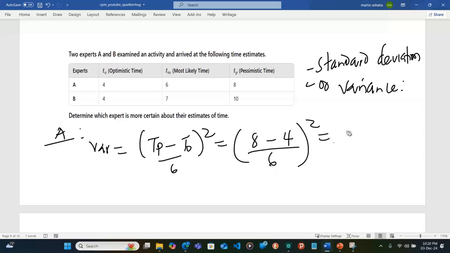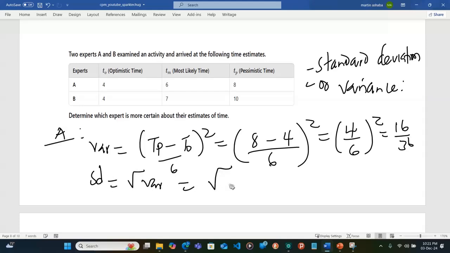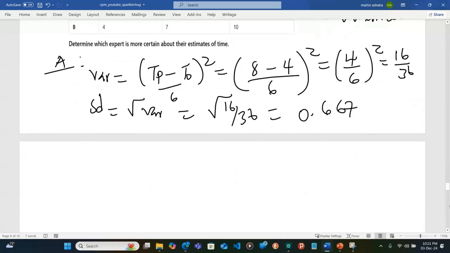So that is 4 divided by 6, squared, which is 16 divided by 36. And if I take the square root to get the standard deviation, that is the square root of 16 over 36, which gives us 0.67.